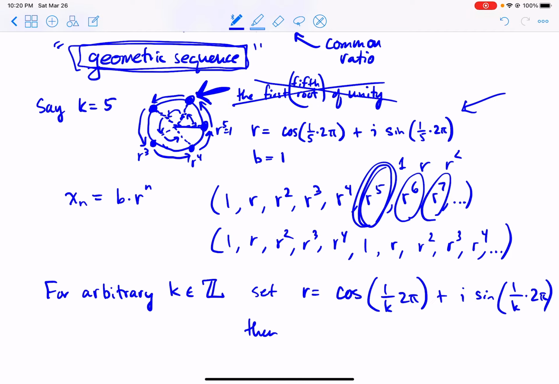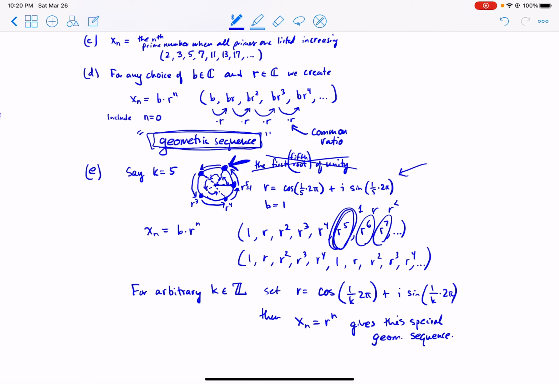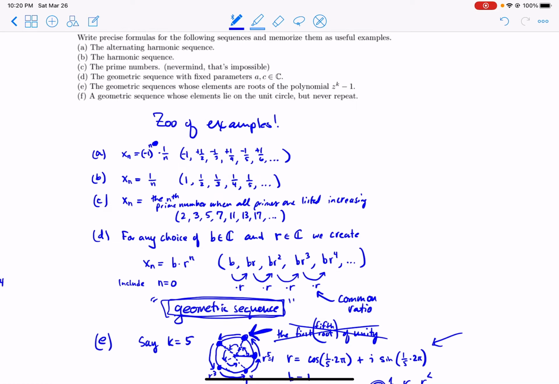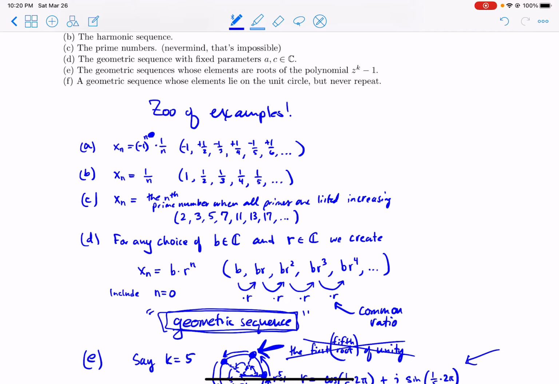Then x to the n equals r to the n gives this special geometric sequence. That's it. Really, that's a good one to know. And you see, it's a special case of a geometric sequence to get all these roots over and over again.